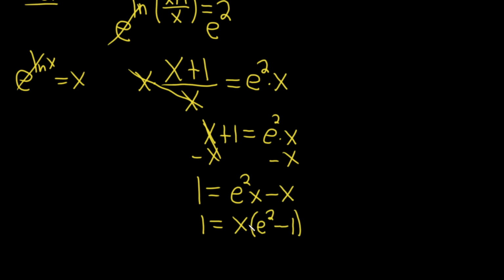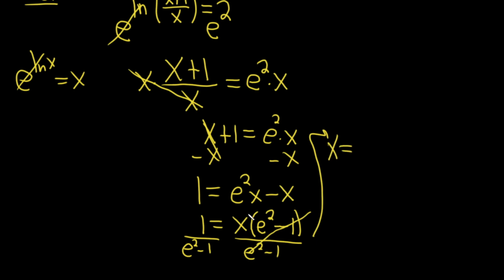This is being multiplied by e squared minus 1, so to solve for x, we'll simply divide both sides by e squared minus 1. So these cancel, so we're left with x equals 1 over e squared minus 1. This would be the solution to this equation.